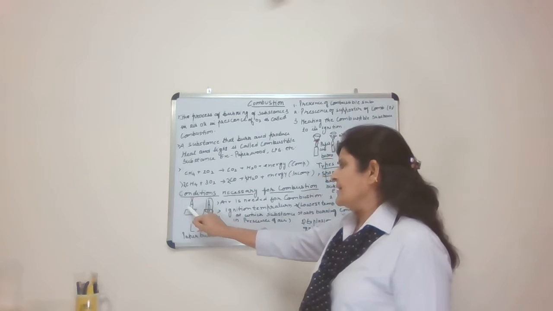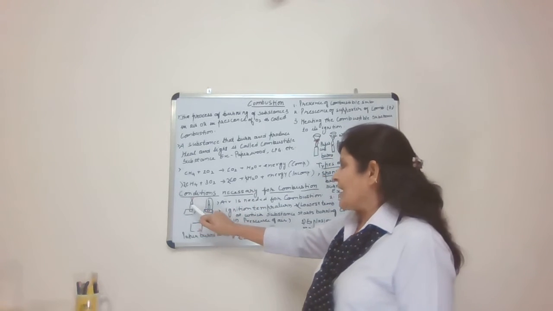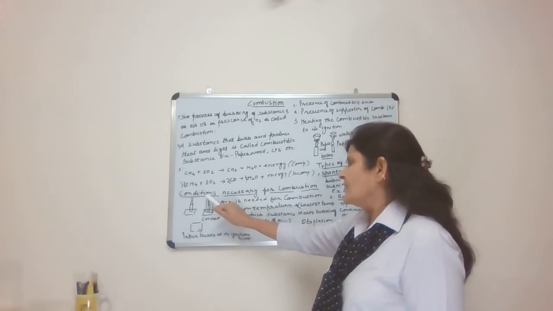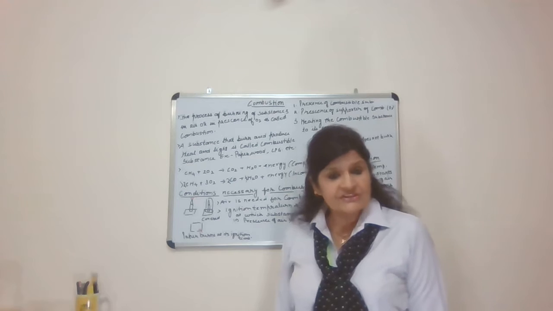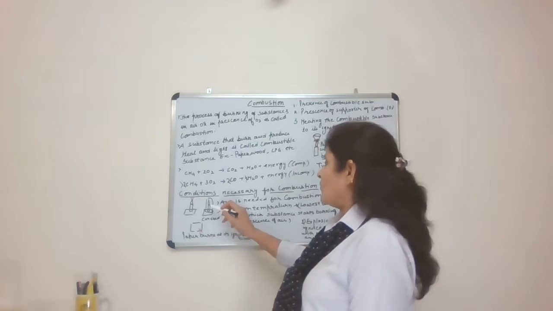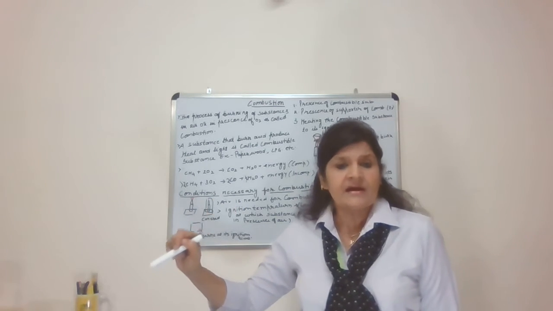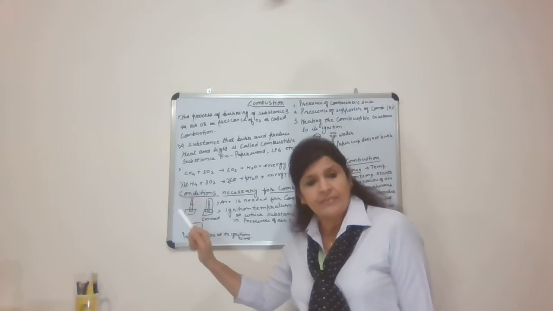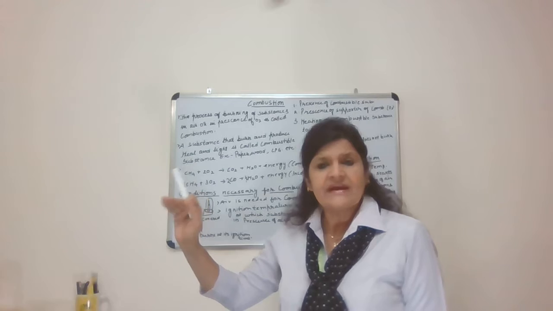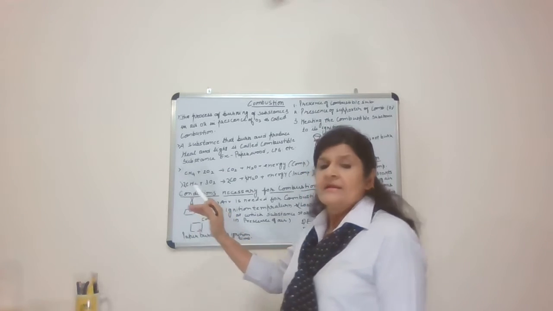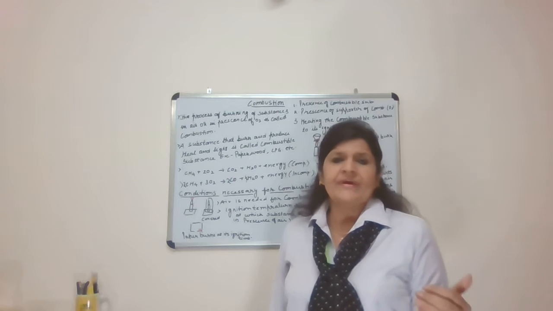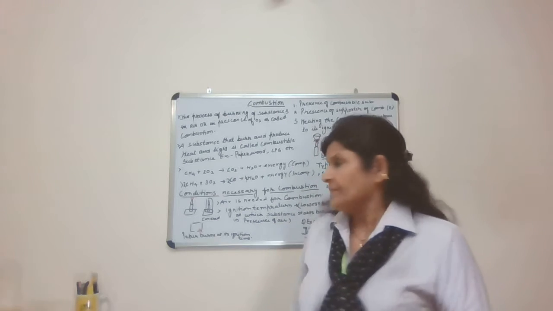Here we burn the candle. Now the candle is burning over here. When we cover this candle with a glass jar, what happens? The candle uses the oxygen inside the jar and burns till that oxygen is used up, but it will burn only for a few seconds.